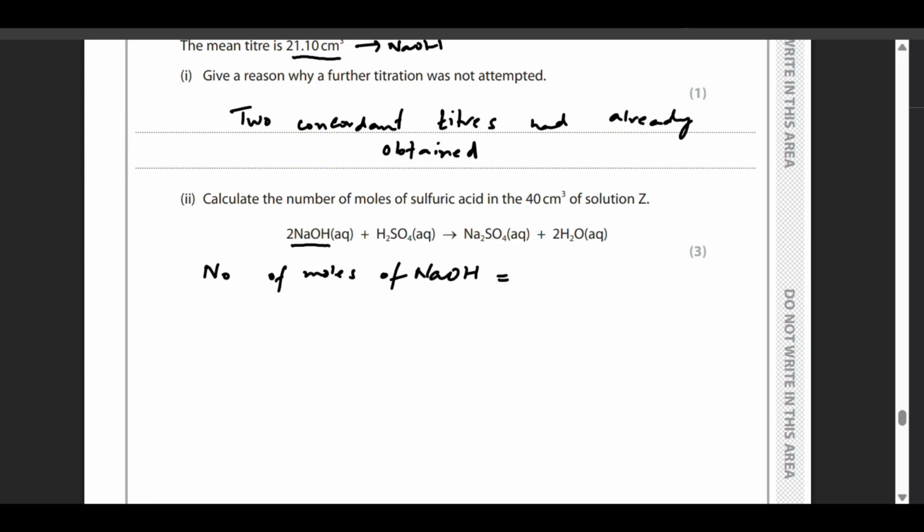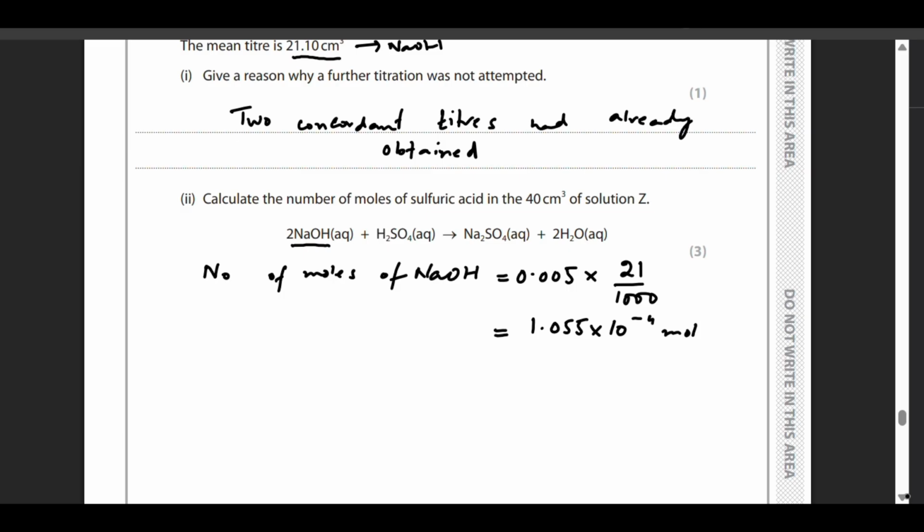We have the concentration of sodium hydroxide given in the question, that is 0.005, and we have the volume here through the titer, 21 centimeter cube, 21 divided by 1000 in order to convert it into decimeter cube. So the number of moles is 1.05 times 10 to the power minus 4 moles. So these are the number of moles.